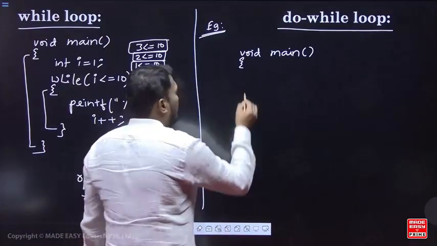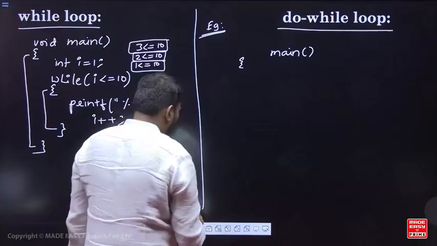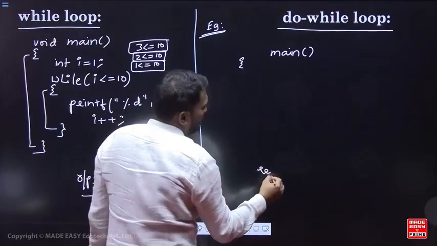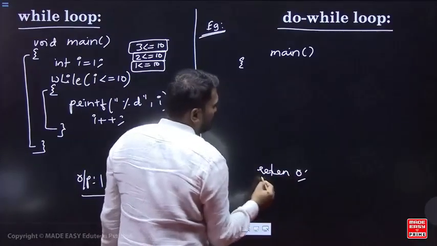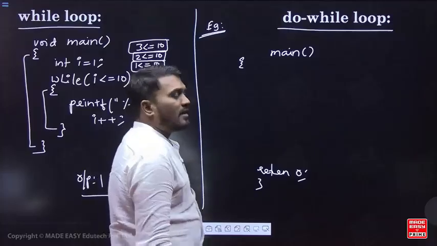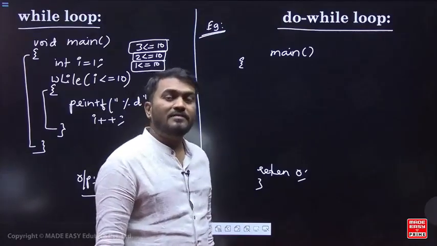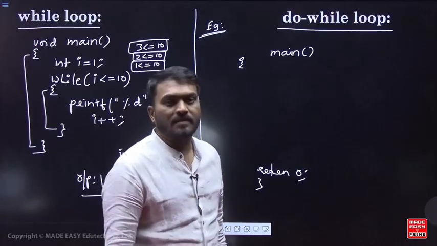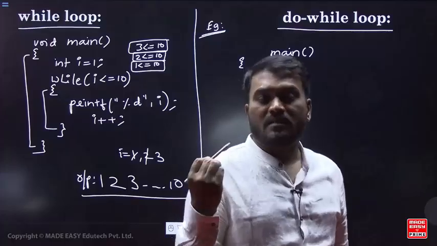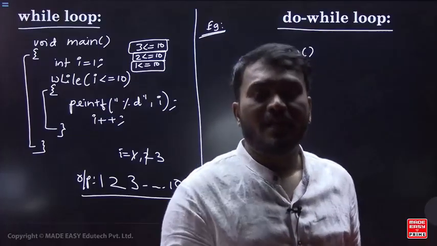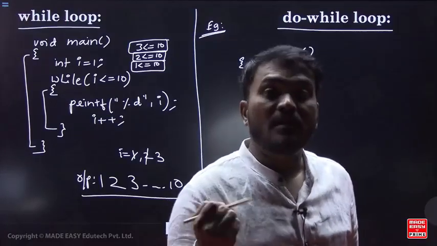If you don't write the void, what do you have to do? If you have not written void, then in the last you have to write return 0, something like this. Because in the C language by default main function returns integer. I am repeating, in the C language by default main function returns integer.